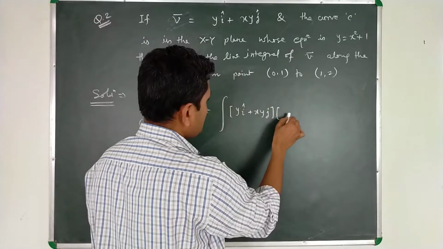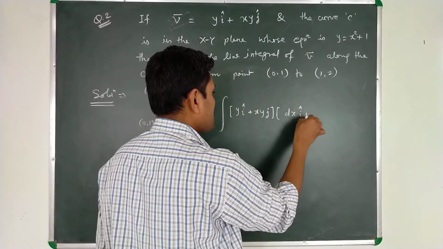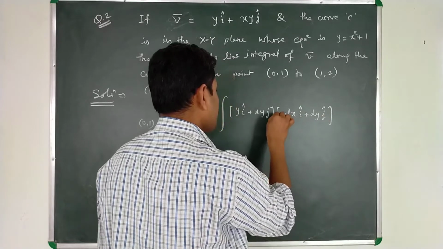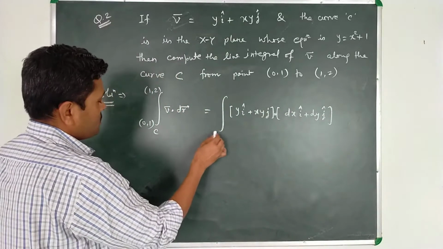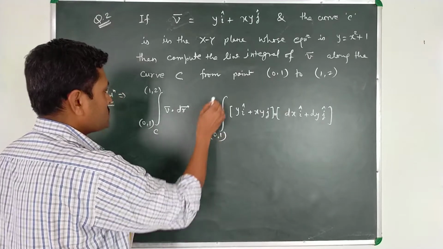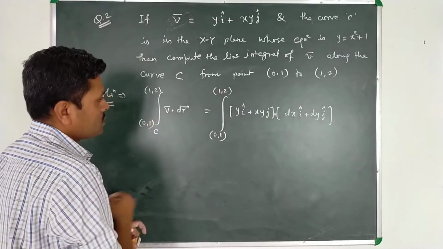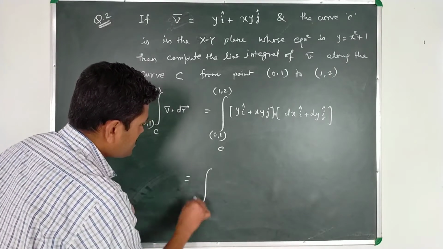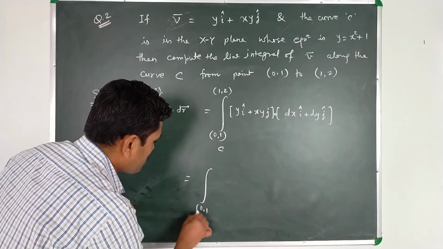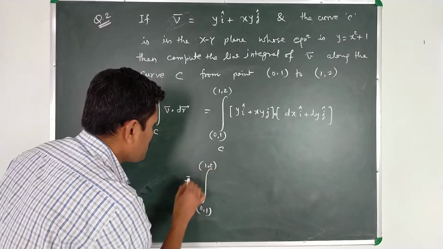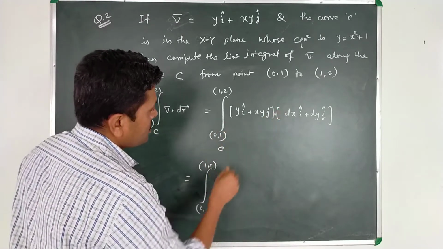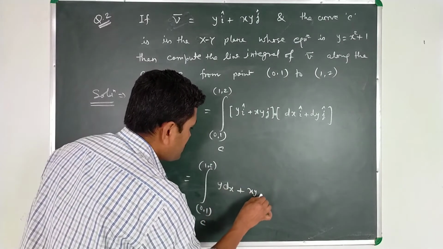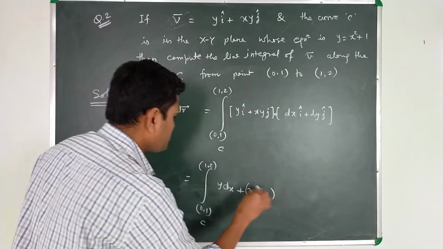Now what is dr? dr will be dx i cap plus dy j cap, and here there is a dot product. Limits are 0 1 to 1 2 along the curve C. Now this may be written as the integral from 0 1 to 1 2 along the curve C of y dx plus xy dy.